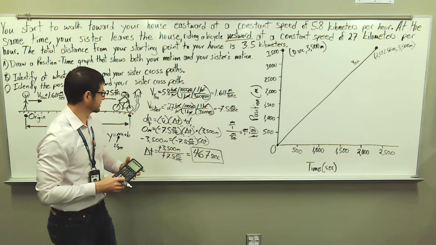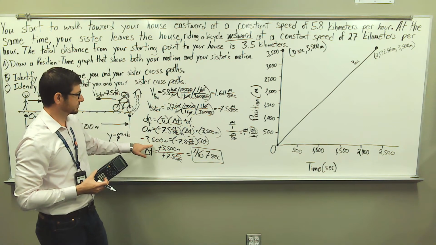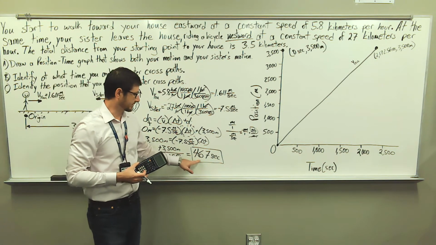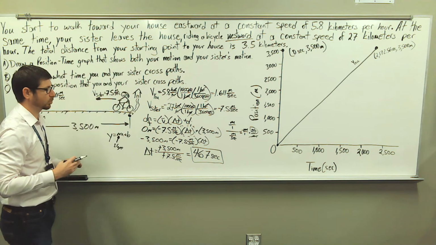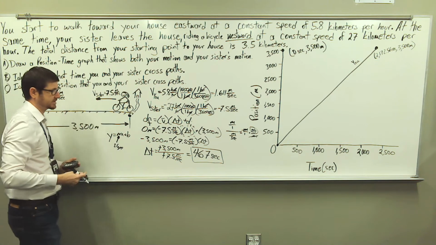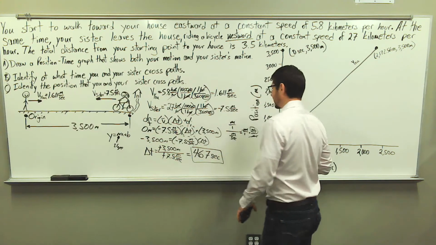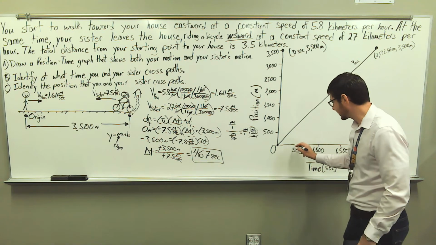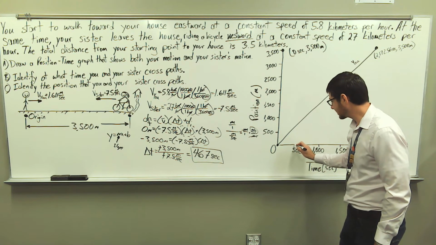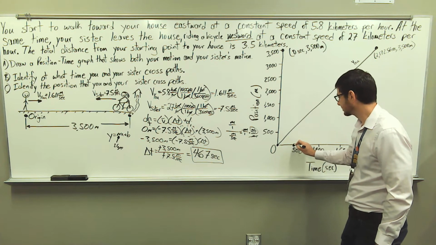So your sister can travel 3,500 meters in 467 seconds if she has a velocity of 7.5 meters per second west. So let's identify her final ordered pair, 467, maybe somewhere right here.